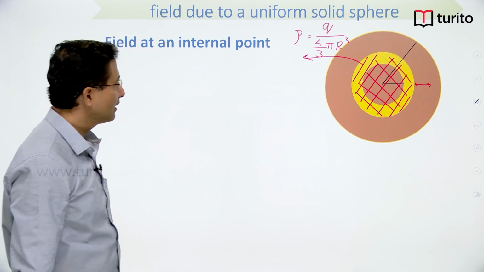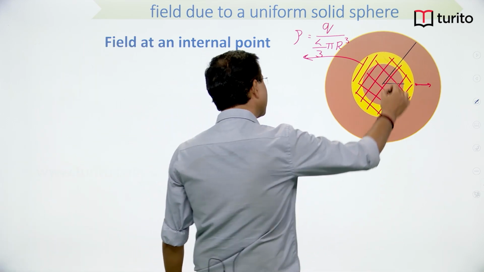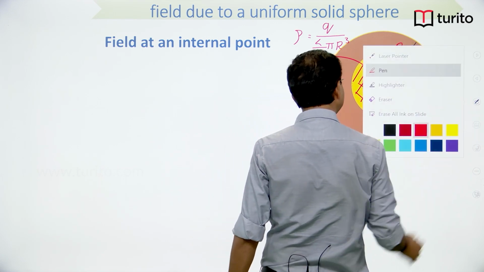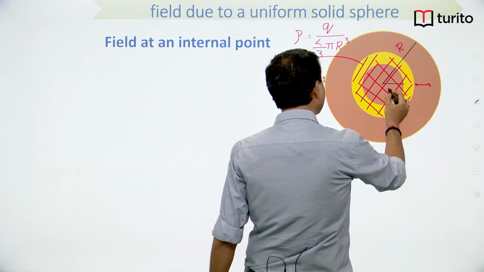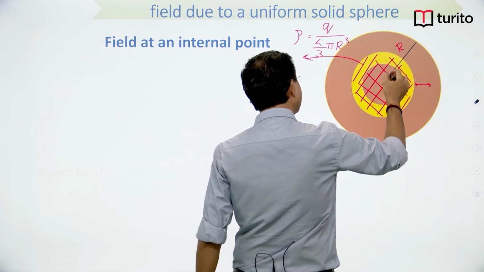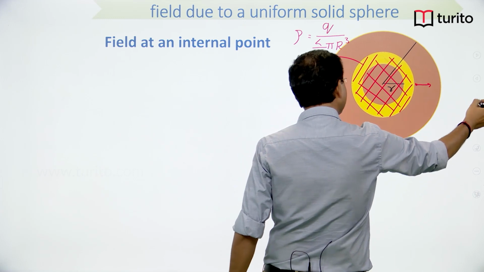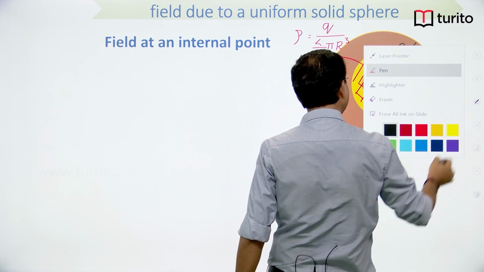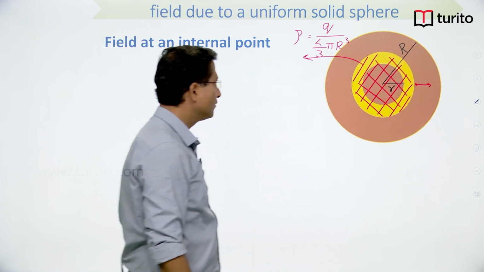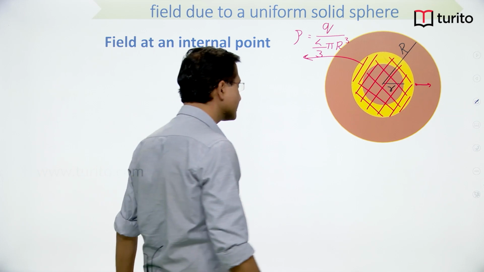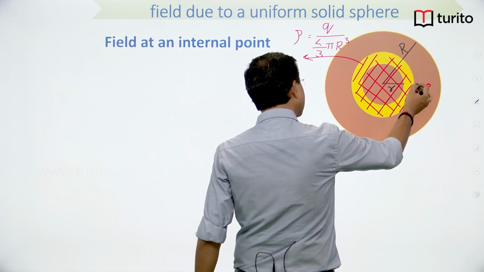Let the radius of the sphere be capital R, and we want to find out the field at distance small r.